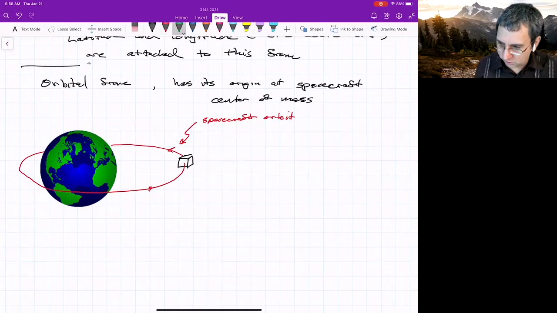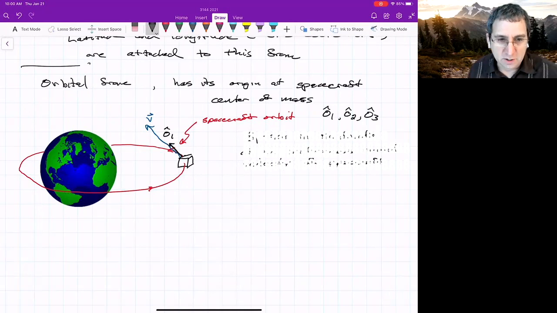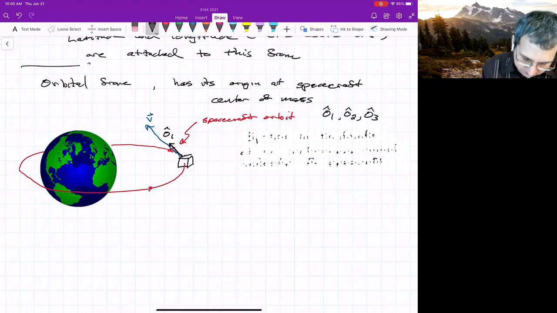And the way that the orbital frame is defined, you hopefully learned in astromechanics about the angular momentum vector for an orbit, right? So from the center of the Earth to the spacecraft, that's a vector r.